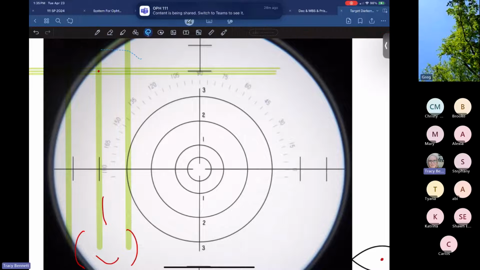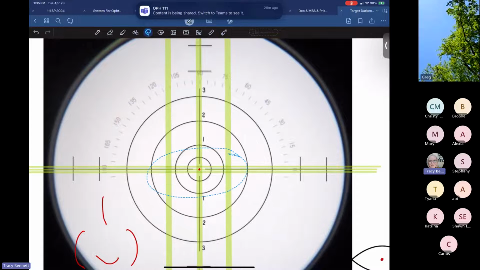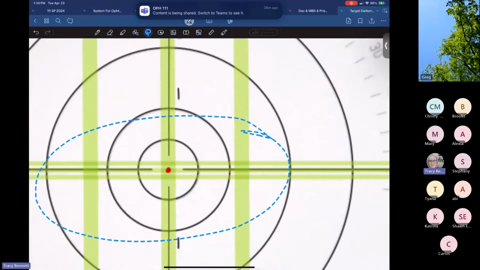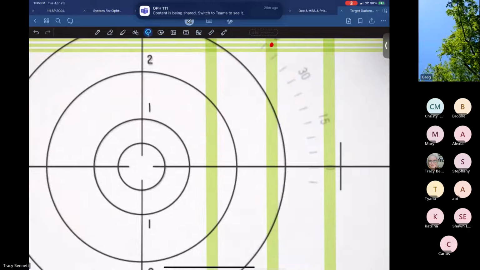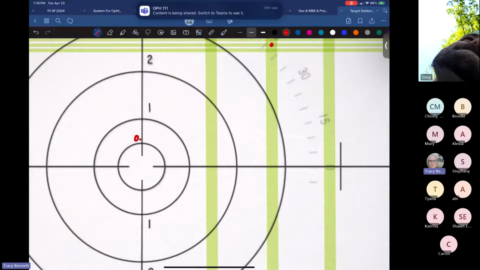All right. And then some more of the inside here. Let's look at this target here. Inside this first circle right here, remember that first circle is a half of a diopter circle. Okay. So whenever you're aligned on any one of those, you're at a half of a diopter.